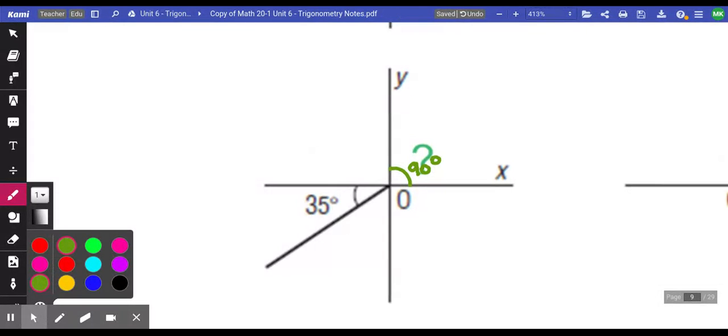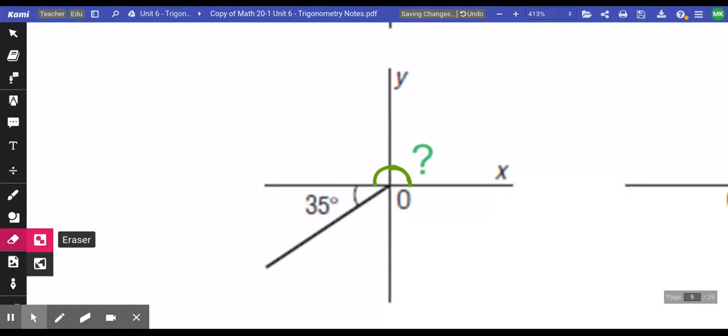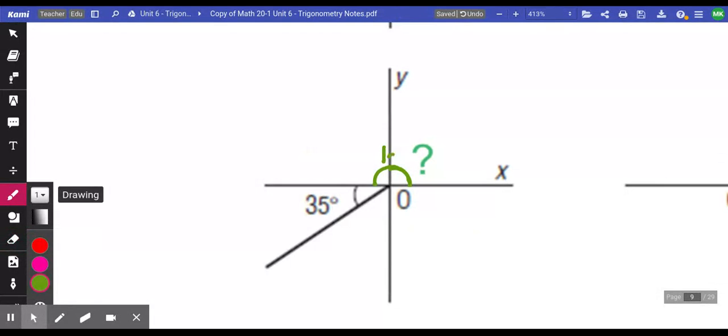From that axis all the way around to here, that full spin would be 180 degrees.